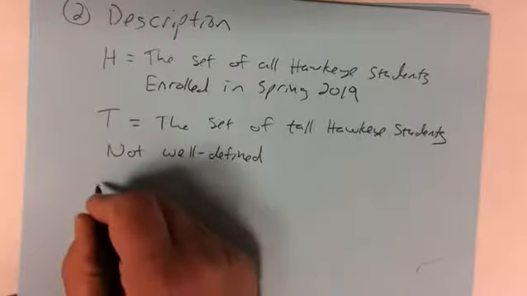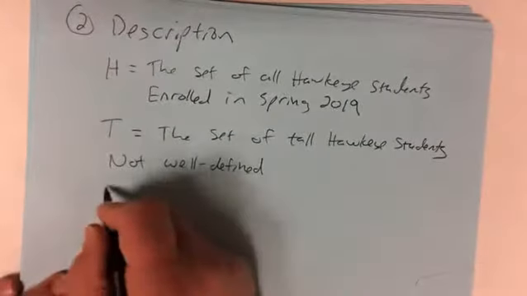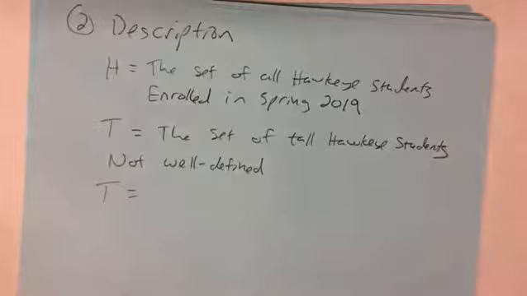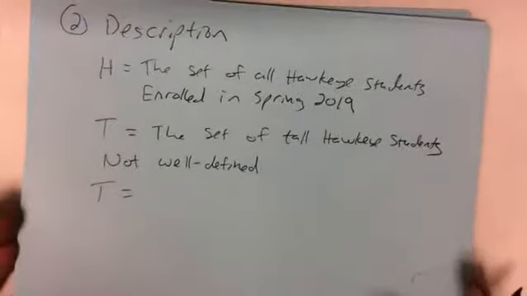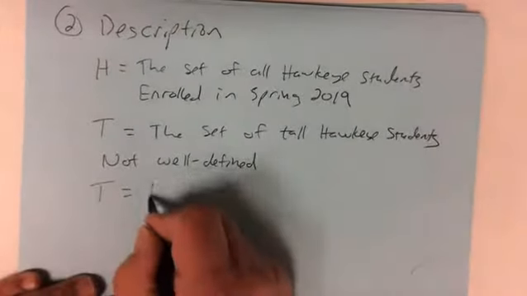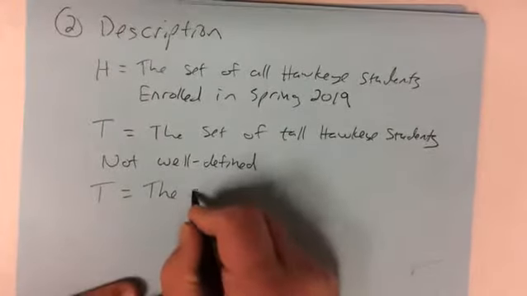So a possibility for this one, if we wanted it to be well defined, might be the set of Hawkeye students that are 6 feet or taller.